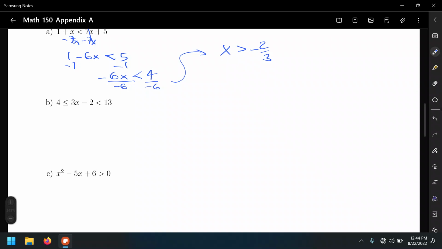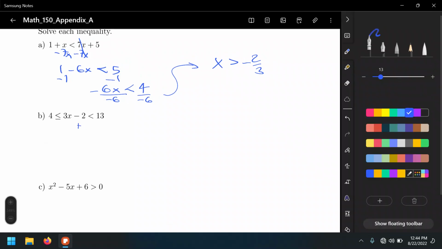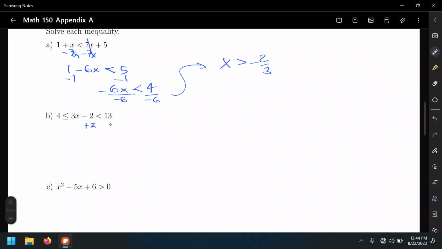So, to solve this kind of inequality, our main goal is to leave the variable x by itself in the center. So we need to do a couple of operations, nothing too crazy, like adding 2 in this case, on the 3 sides of the inequality, not just on both sides like we did before.